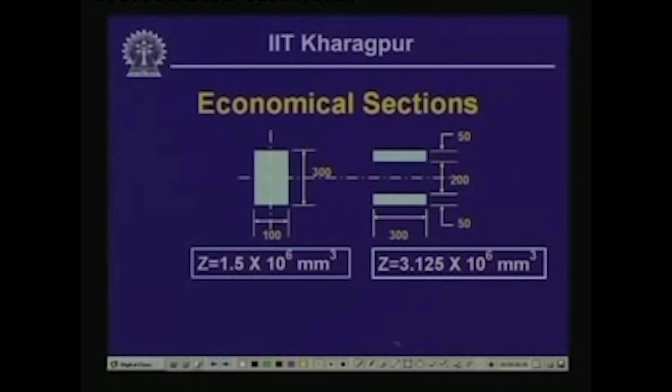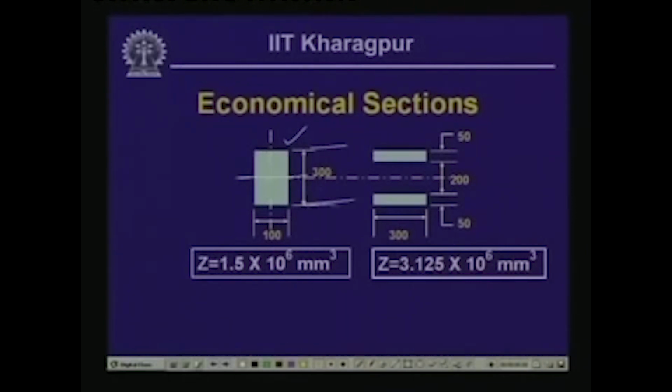Now, let us look into another important aspect. We were dealing with a section which is symmetrical with respect to the vertical axis and could be unsymmetrical or symmetrical with respect to the horizontal axis. Also, we have seen the distribution of the stress.